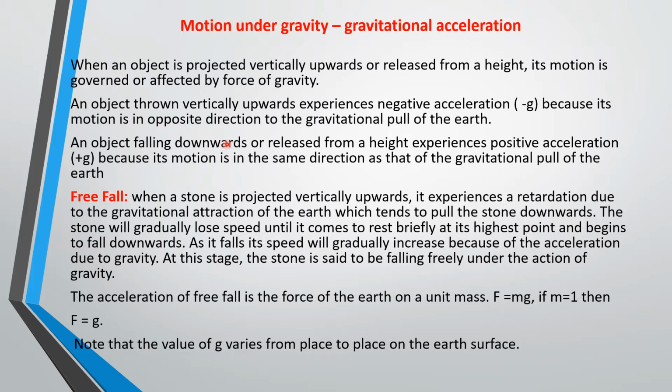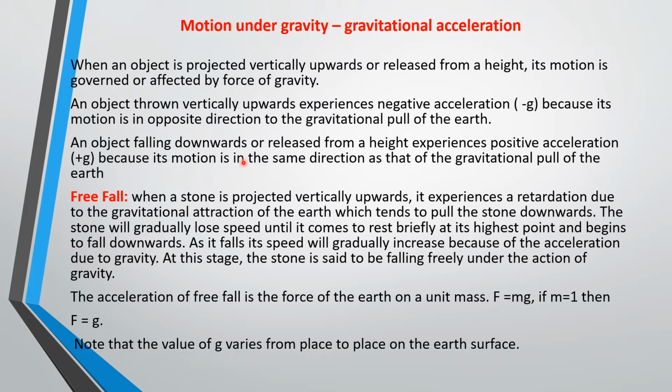When an object is projected vertically upward, it will experience a negative acceleration because the body is moving against the force of gravity. The body is moving in the opposite direction of the gravitational force, which is directed downward towards the earth, so it will experience a negative acceleration.